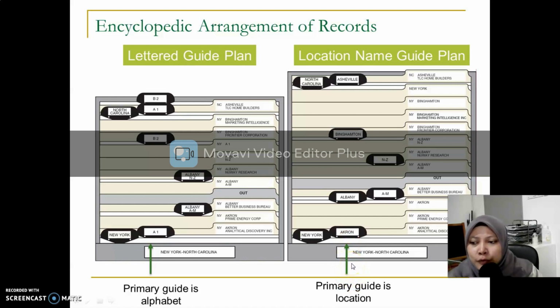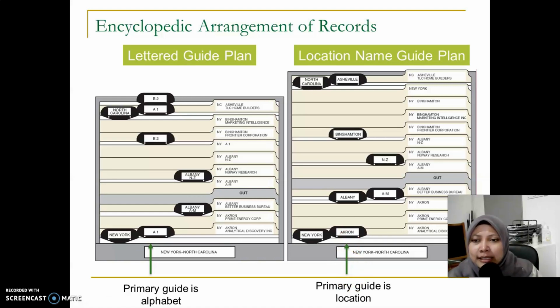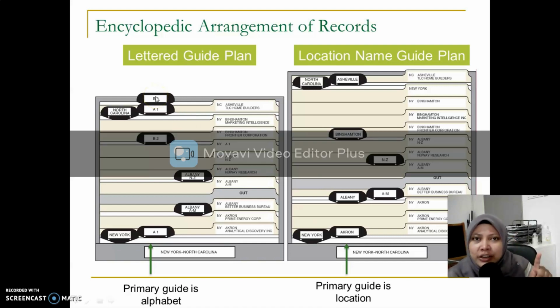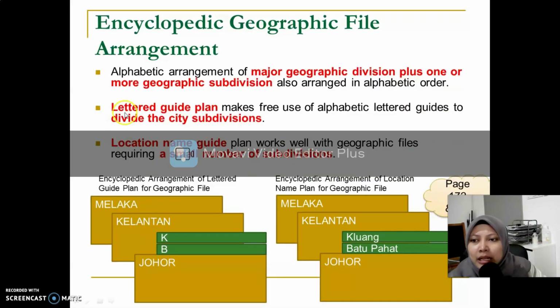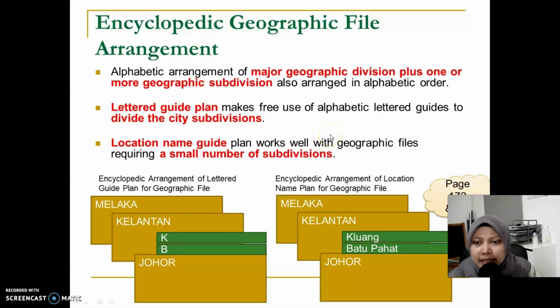Don't get confused because they look similar. What makes them different is that the dictionary only has one geographic unit, while the encyclopedic arrangement has more than one geographic unit. You must remember that. So this is another example, a further explanation of the encyclopedic geographic filing arrangement.